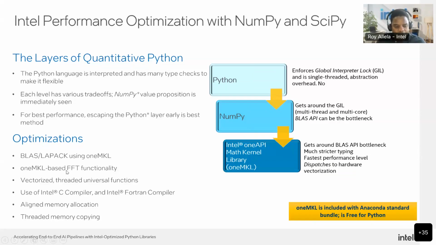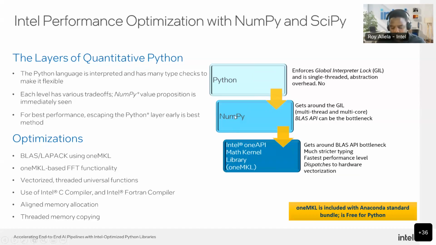We also have a fast Fourier transform-based implementation in oneMKL, better vectorization leveraging the Intel C and Fortran compilers, a better format for memory allocation, and an improved threaded memory copying mechanism that results in better performance when you build NumPy with oneMKL compared to using the BLAS API.